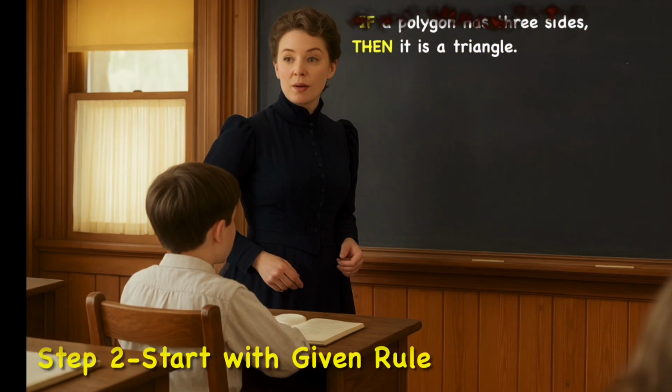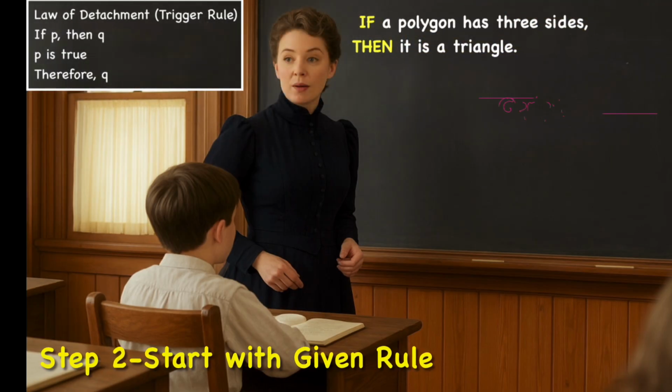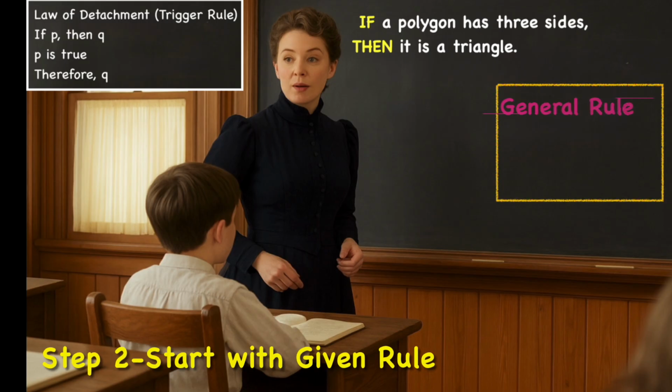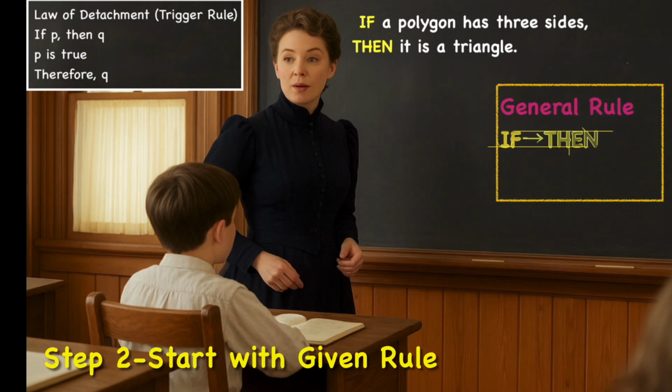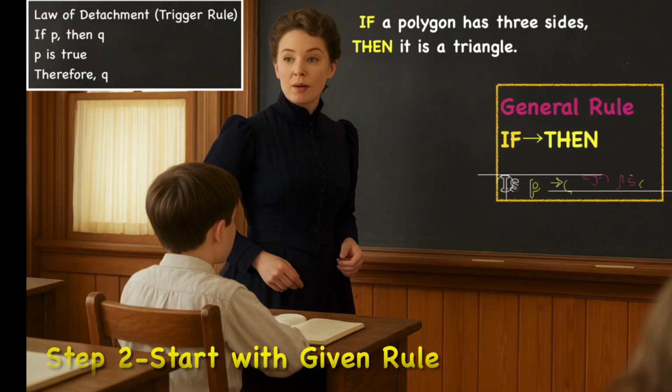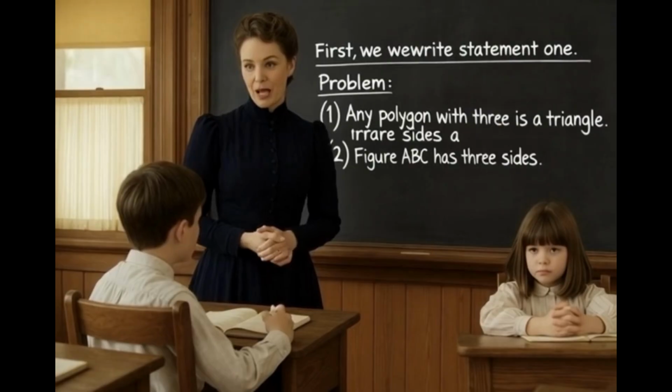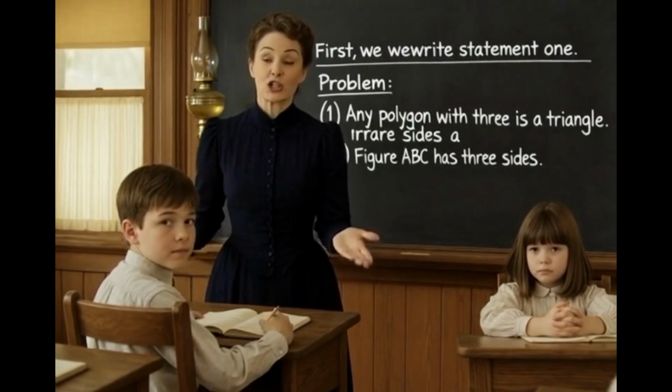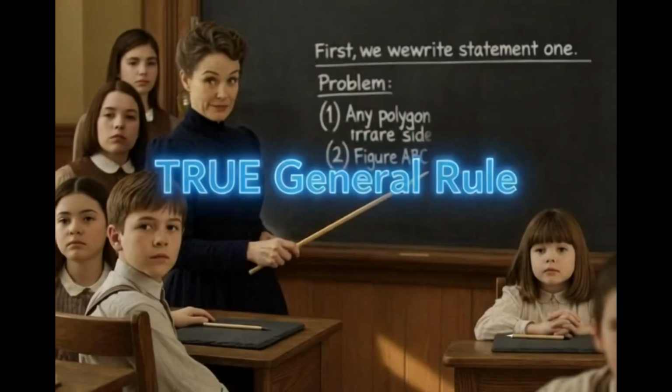Today we use the trigger rule, also called the law of detachment. So the whole if-then statement is our general rule. If P then Q, and it must be a valid, true statement.